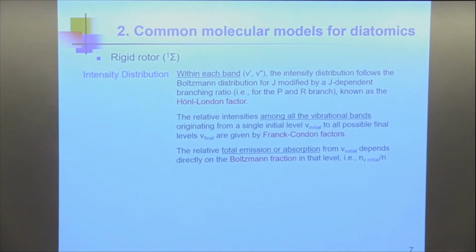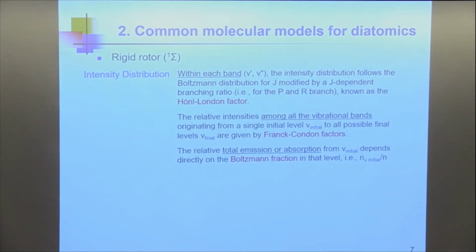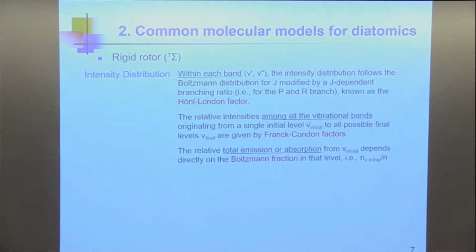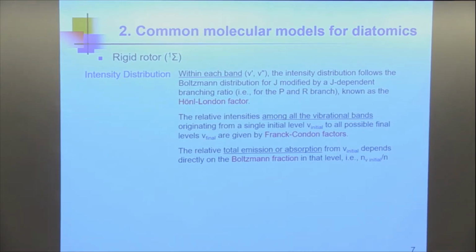So this is a question that people have been asking, which brings us to the Hanson factor. Maybe they're asking, why is the R branch a little bit higher than the P branch? What's the relative intensities as we go across the distribution? I try to introduce this as assume everything is equally probable.